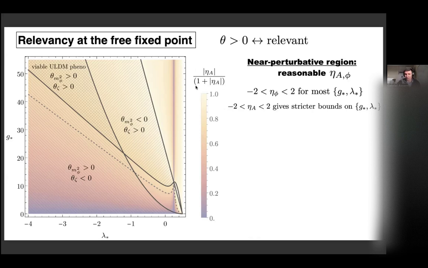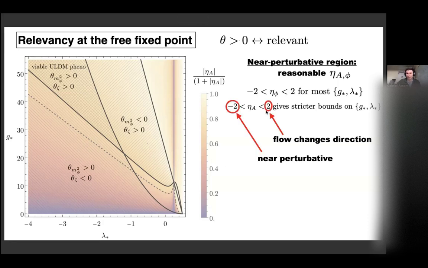We're just going up to dimension 5 operators. And so we made a near perturbative assumption, and we would like the results to reflect this and still be in a near perturbative regime. So you might want to bound the value of the anomalous dimensions to make them reasonable in this parameter space. And actually, the scalar anomalous dimension gives you almost no bounds, because it's very reasonable in all of the plot. But the gauge anomalous dimension does get large in places, and this is why this line is useful.